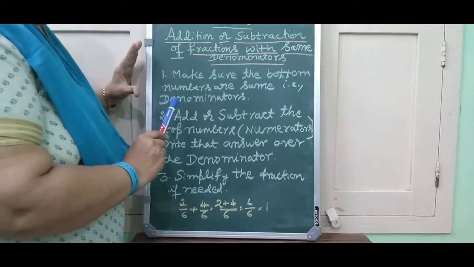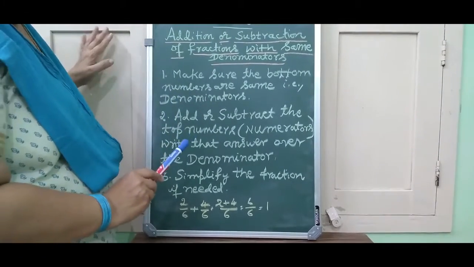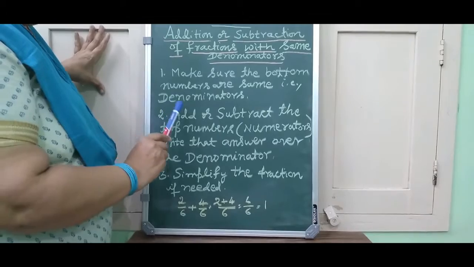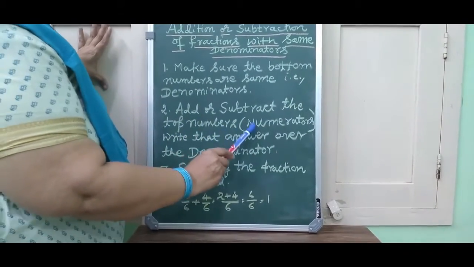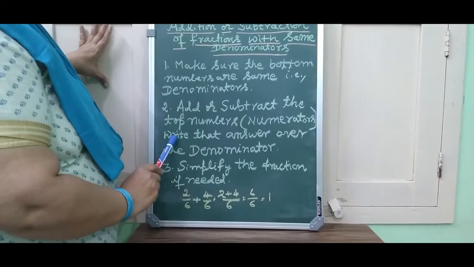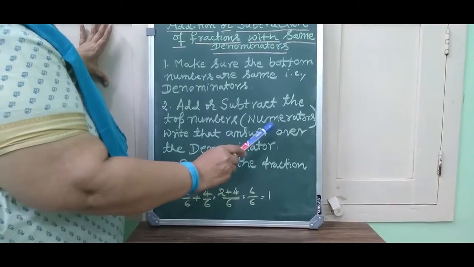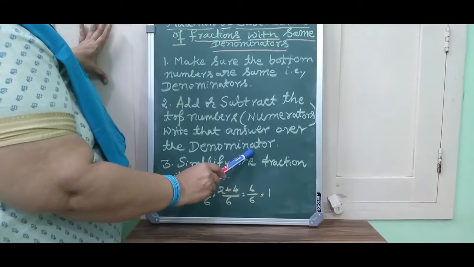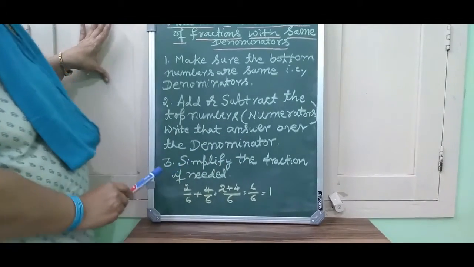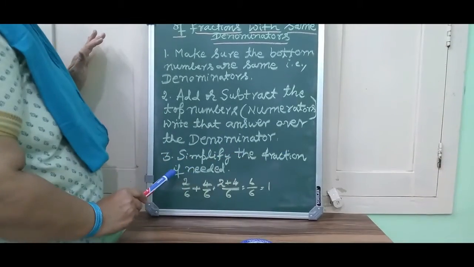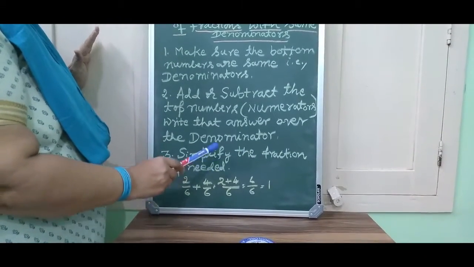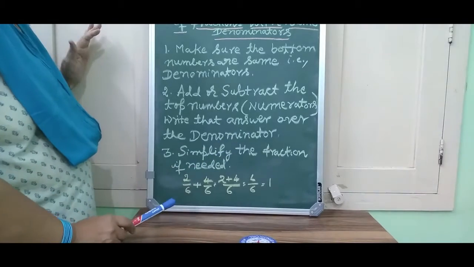That is the first point you have to observe. And then second point is add or subtract the top numbers, that is the numerators, and write that answer over the denominator. And then in the last step, simplify the fraction if it is necessary.